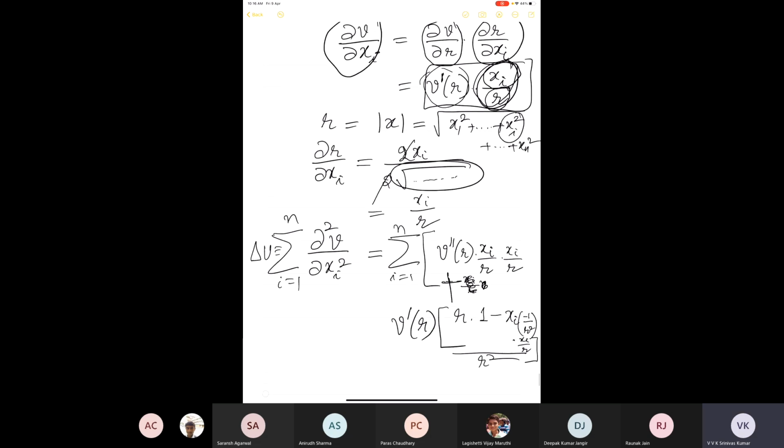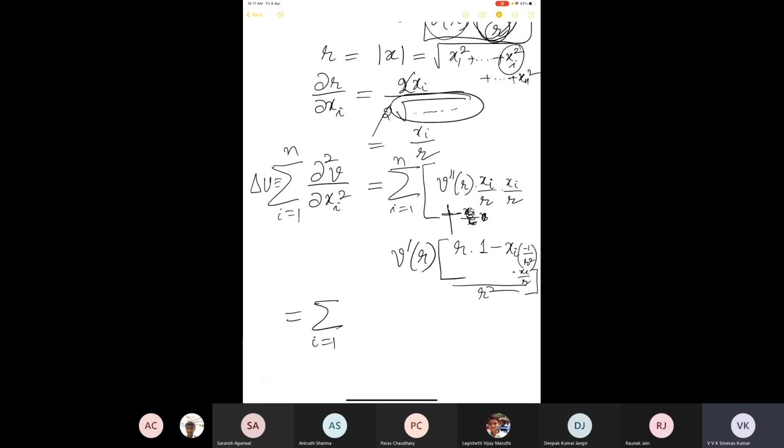So this is the summation of i equal to 1 to n. v double prime of r I can take out, with xi square upon r square.